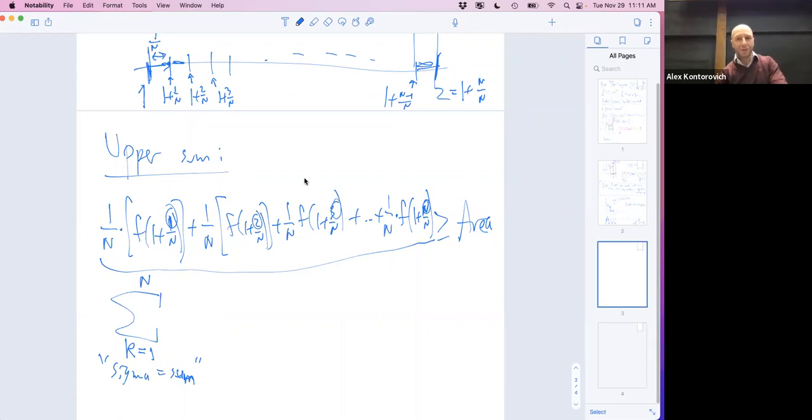When k is equal to 3, this is the term, k is equal to 2 is this term, and k is equal to n is this term. Okay, k starts at 1, goes all the way up to n. That's what this part of the notation means. And what is a typical term? What is the kth term? 1 over n. The width is 1 over n, and the height is f of 1 plus k over n.